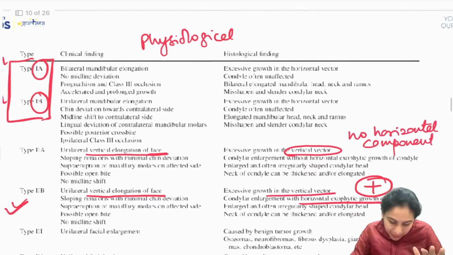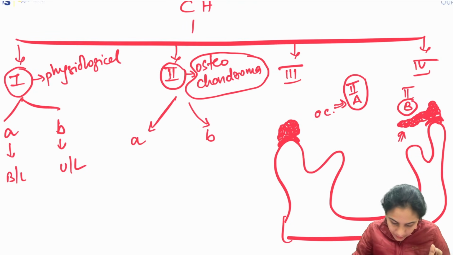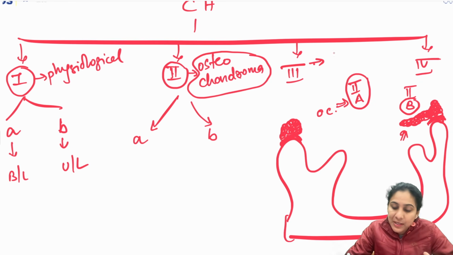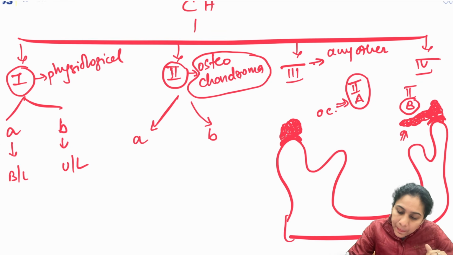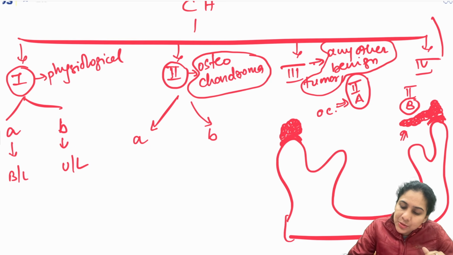What is type 3? Type 3 is any other benign tumor. So I will write it here. Type 3 is condylar hyperplasia due to any other benign tumor, which is very, very rare. And type 4 is due to any malignant tumor, right?